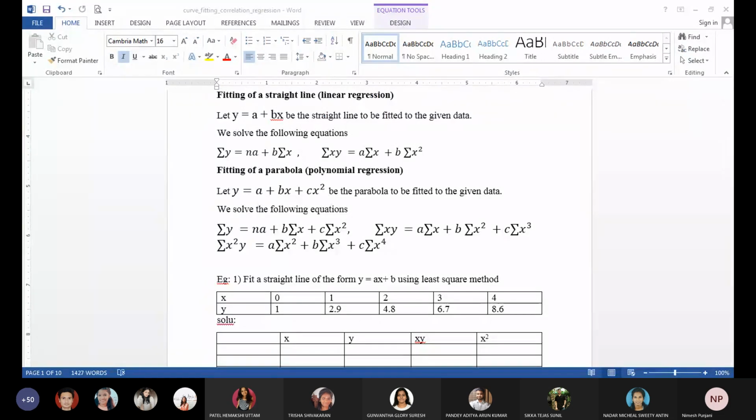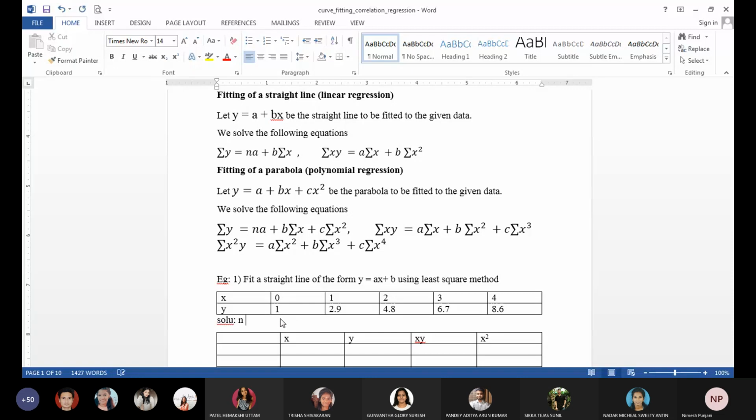We require summation x, summation y, summation x² and summation xy. We need the totals of these four things, so we will make a table containing these four columns.